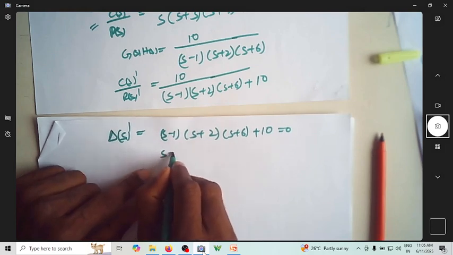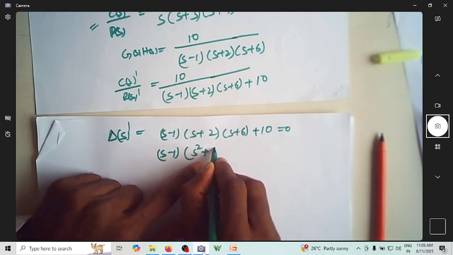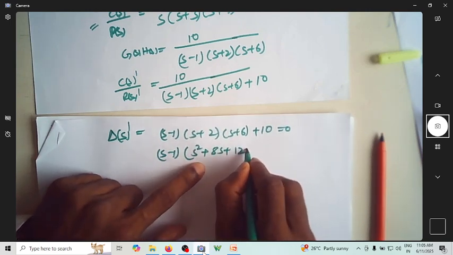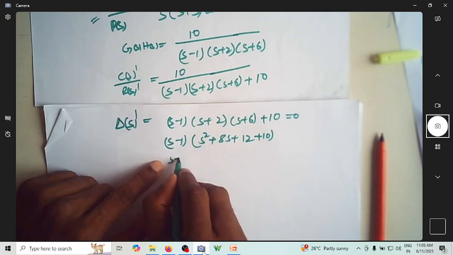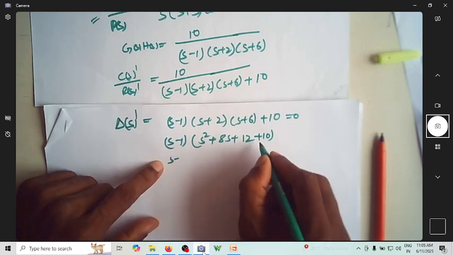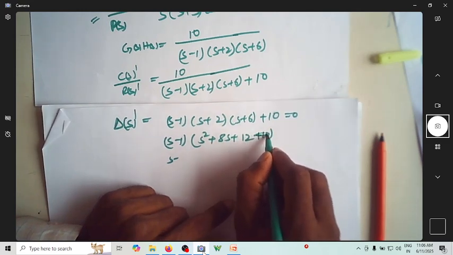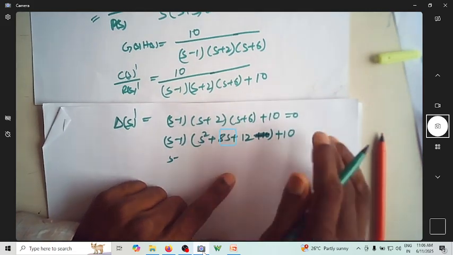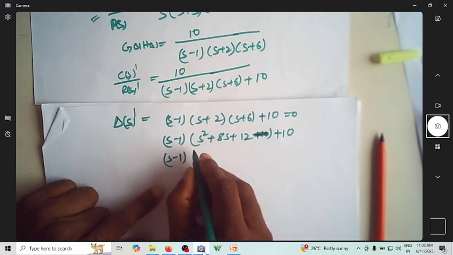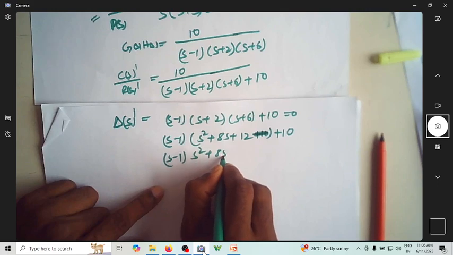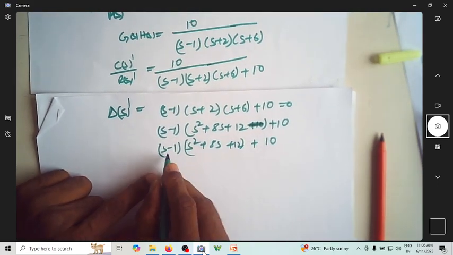If I just do this, (s plus 2)(s plus 6) is s square plus 8s plus 12. Let me not add the plus 10 here, let me add it later. Let me multiply (s minus 1) into (s square plus 8s plus 12) and then add 10. So what is this?